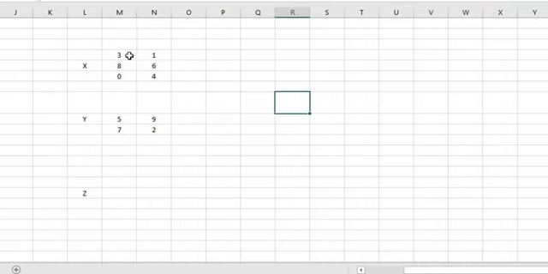So for example in this case, we have a 3 by 2 X matrix and a 2 by 2 Y matrix. If we get the product, let's say Z is the product. So how do we do it?